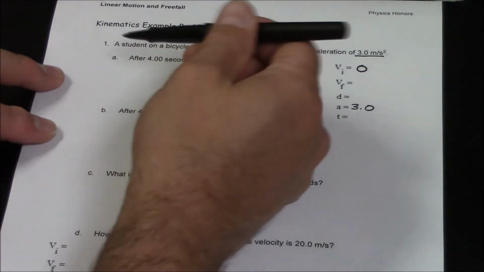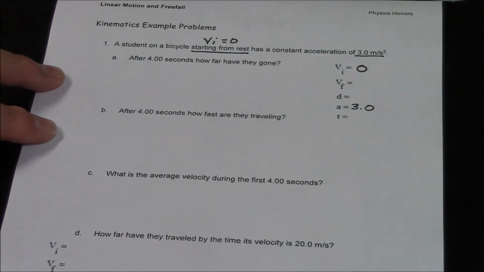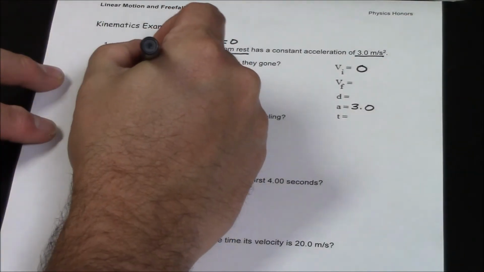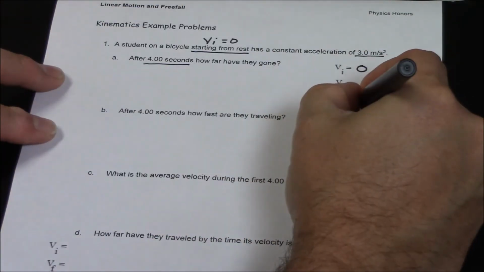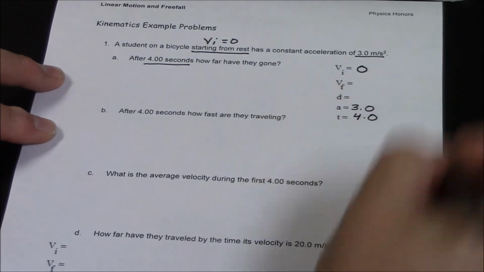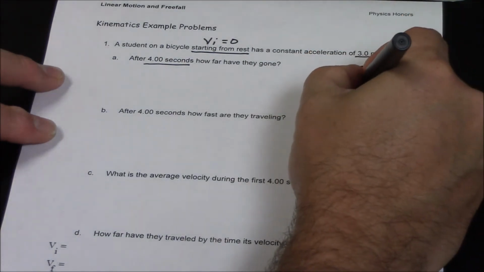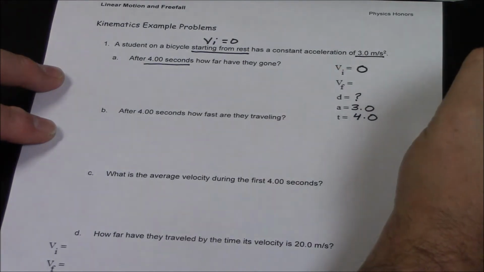So now we have to start working these problems, A, B, C, and D. If we look, A says after 4 seconds. So after 4 seconds is time. How far have they gone? How far would be displacement in this case? Question mark.